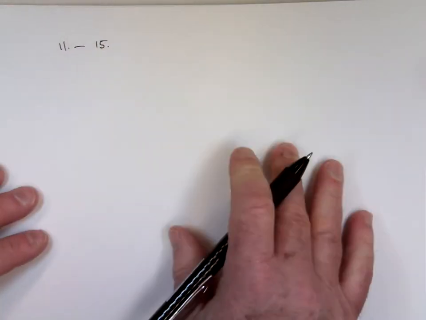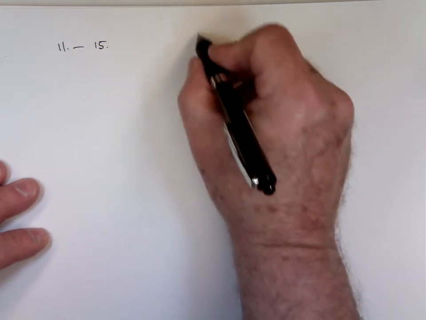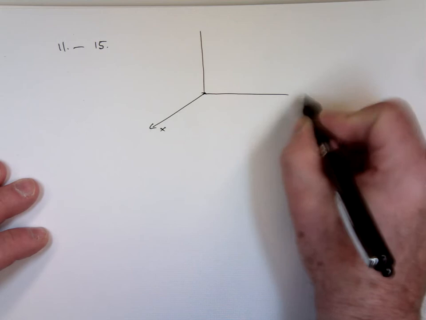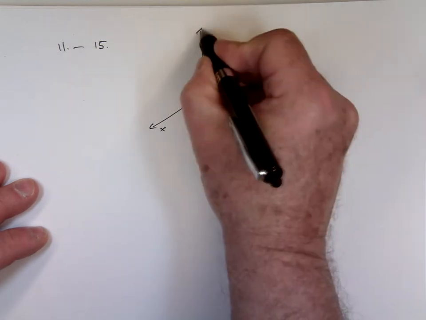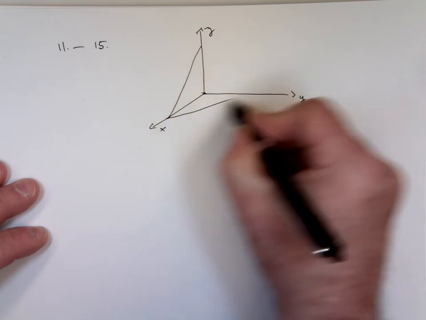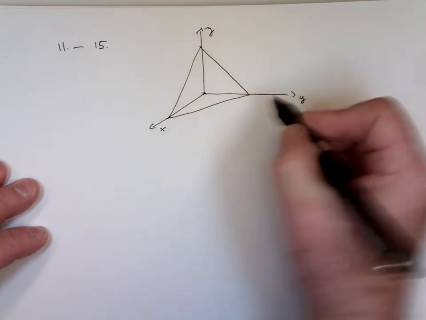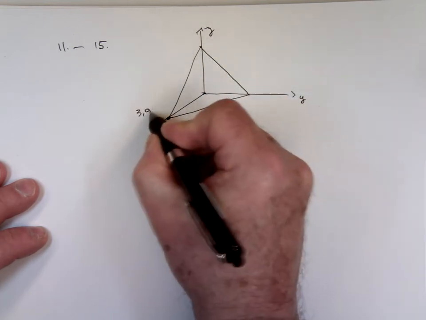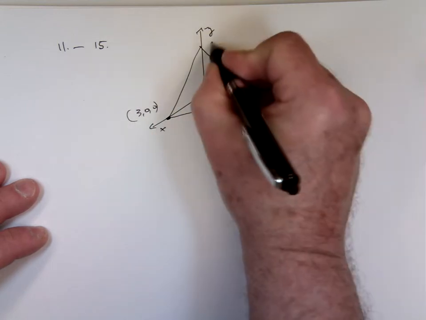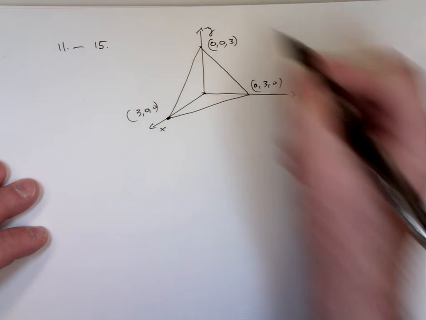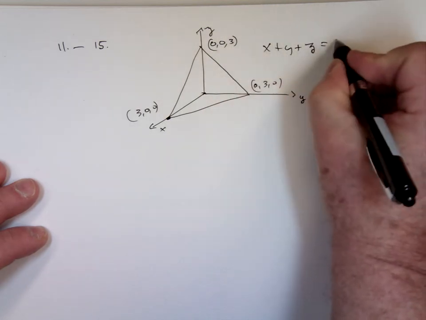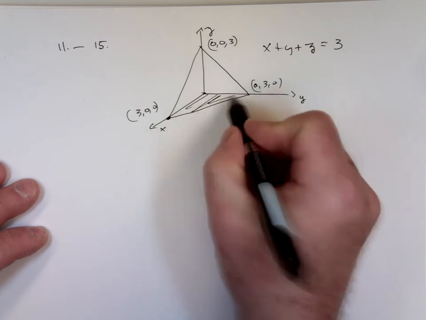Problems 11 through 15. Given a solid bounded by x plus y plus z equals 3. What do we have? We have a plane whose intercepts are 3, 0, 0, 0, 3, 0, and 0, 0, 3. Okay, we're concerned about this region in the xy plane.